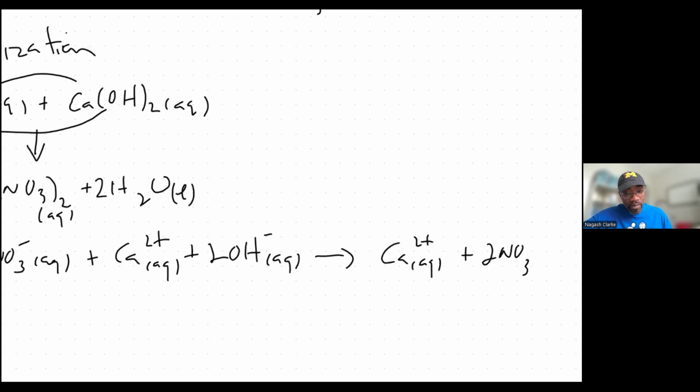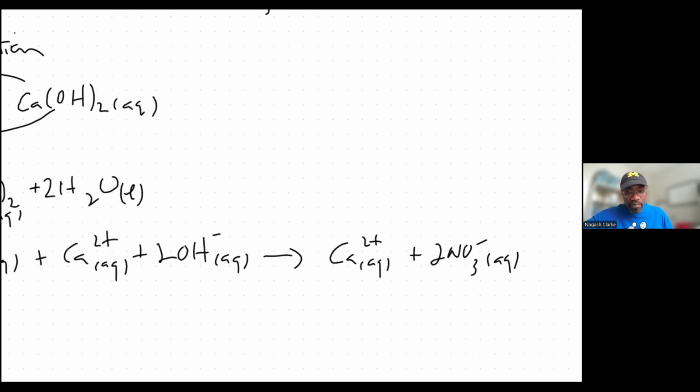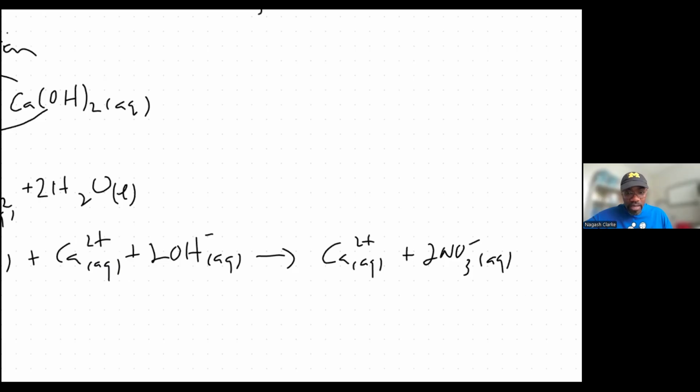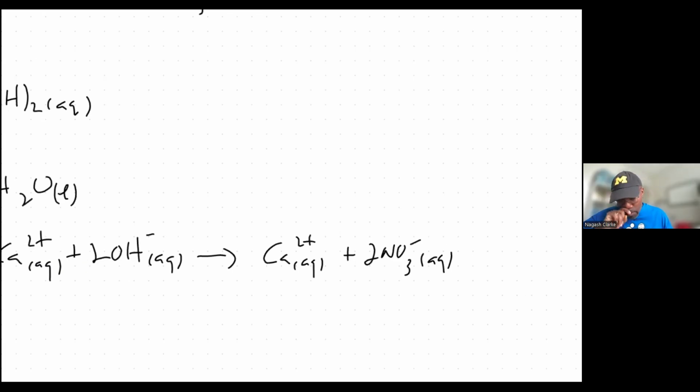You balance it properly when you're doing your ionic equations, and you're seeing the right amount of ions on both sides. You didn't balance it if you're seeing 1 nitrate on one side and 2 nitrates on the other side. So we always have to be mindful.